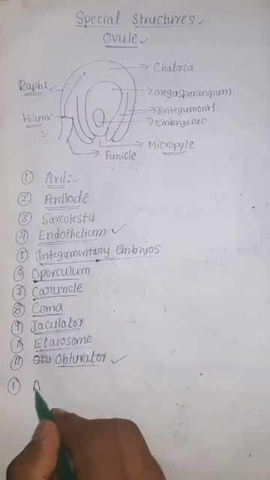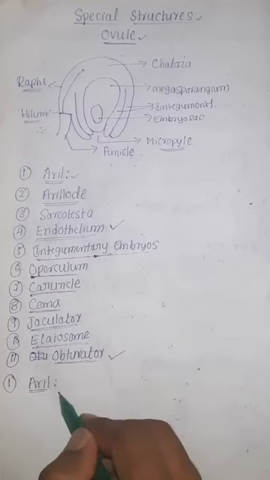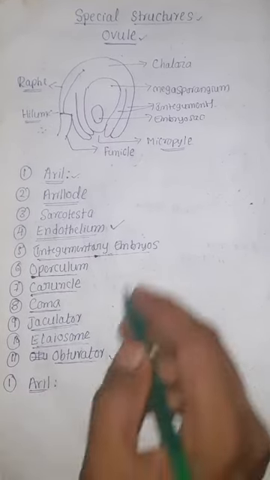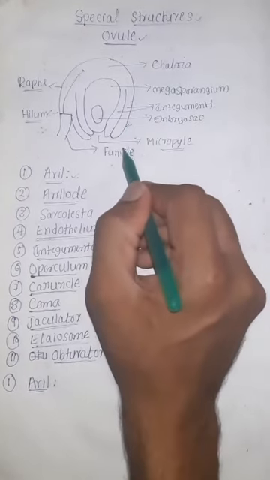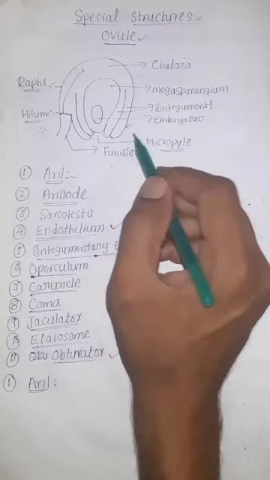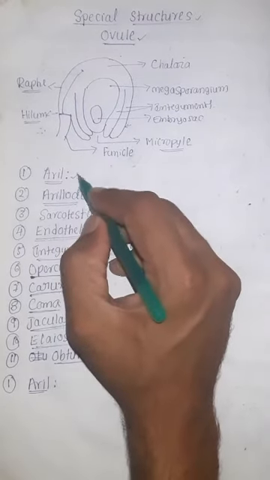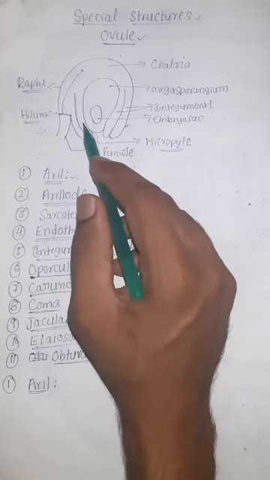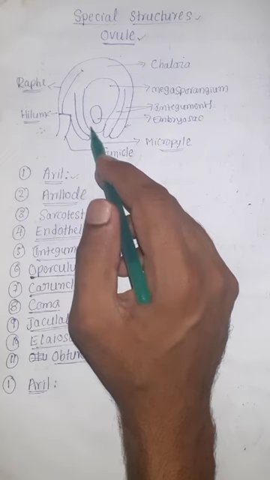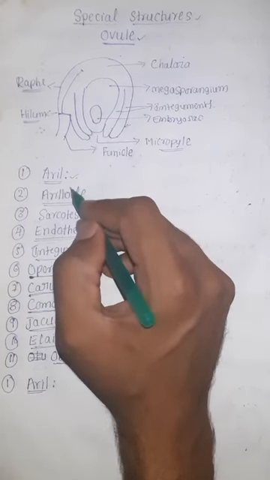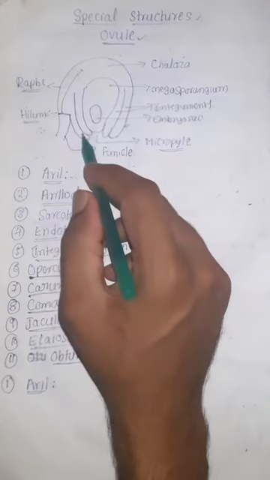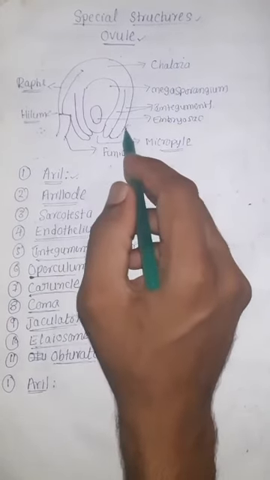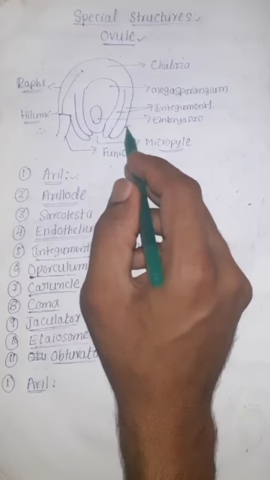It is aril. This is a structure associated with integuments. One more thing we have to remember: all these structures attach to the ovule at some points. That is the main criterion for naming all these things. Aril is attached somewhere here, arillode somewhere in other parts, sarcotesta is associated with some other parts of the ovule.